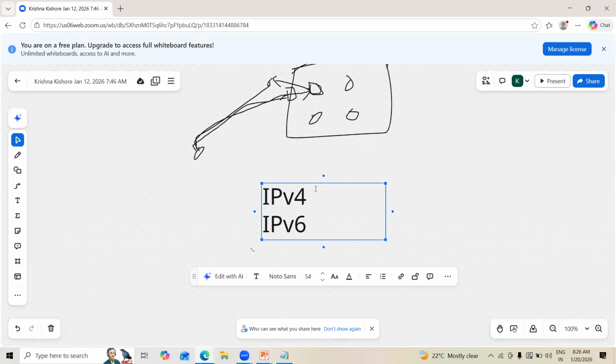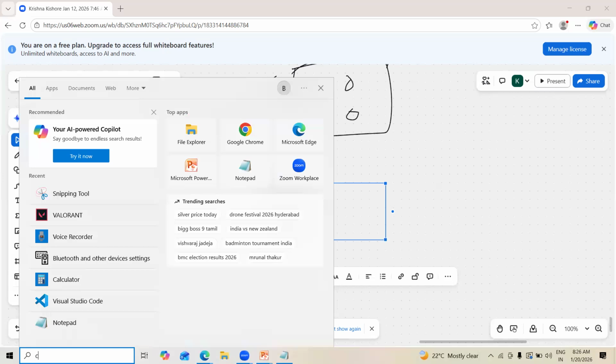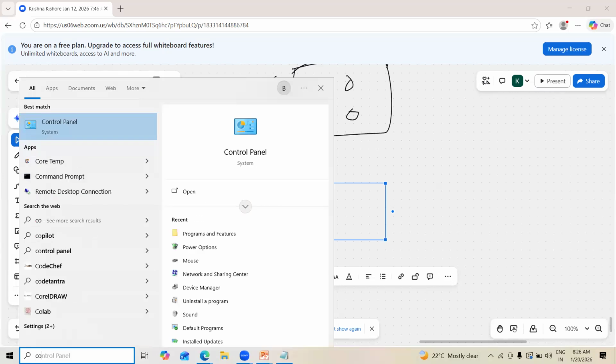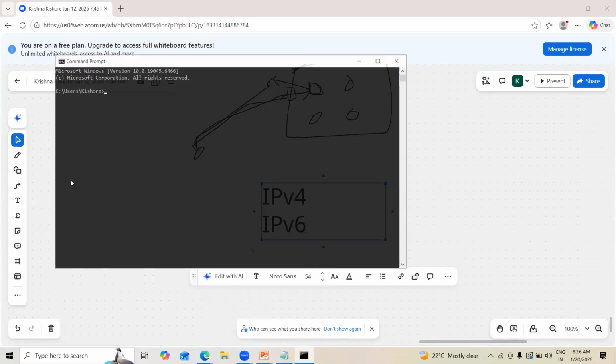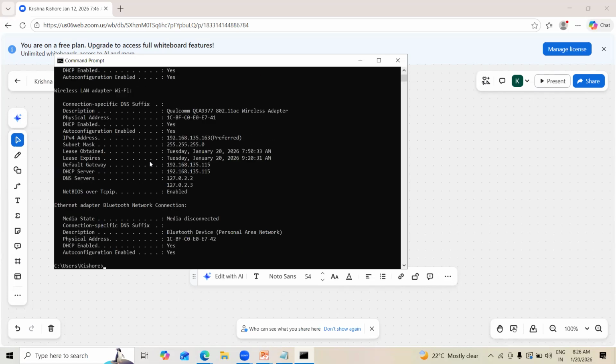For example, open command prompt. You can see I have some IP here. What is my server IP? My laptop IP?